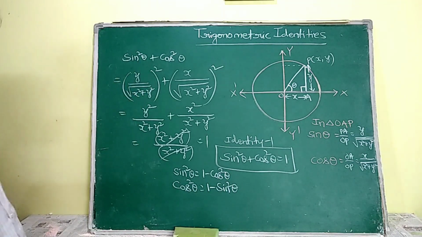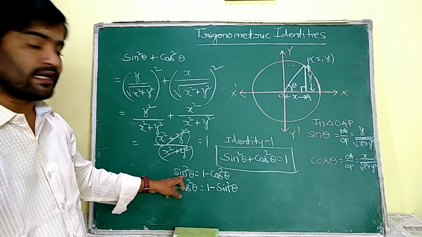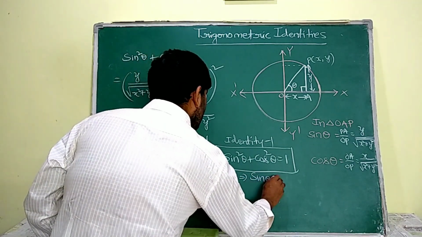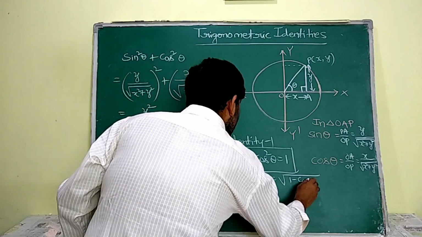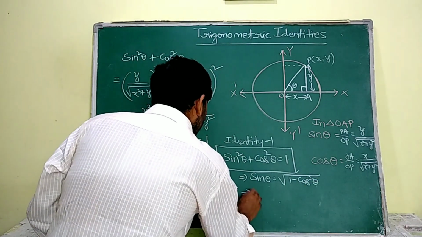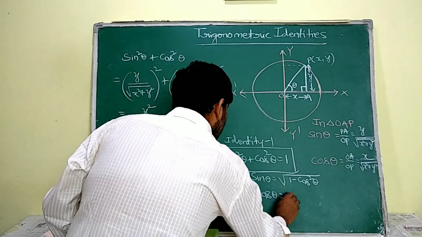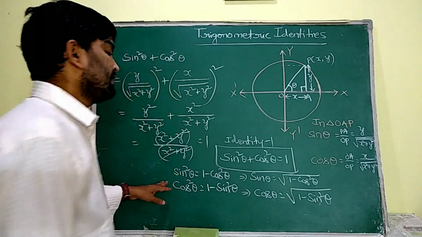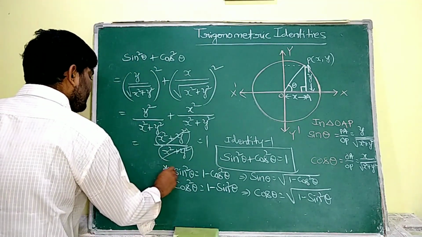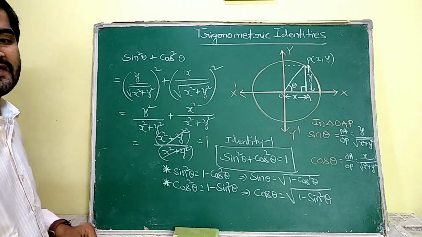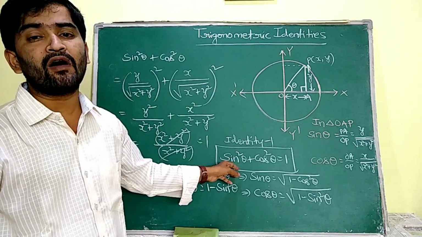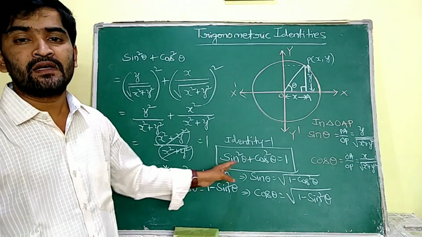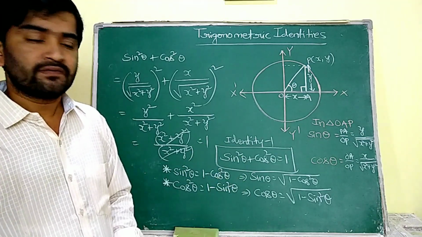So if you want to write sin theta, then sin theta is equal to root over 1 minus cos square theta. Next, if I want to write cos theta, then it is root over 1 minus sin square theta. These are the formulas we obtain from identity 1. And note that this identity 1 is true for all values of theta. Whatever value you consider, identity 1 is satisfied.